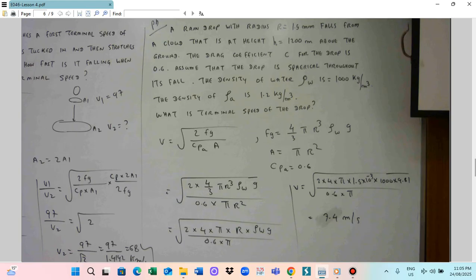So we substitute this equation here. The area A is equal to pi into R squared. And rho A is the air density, so this is called rho A. The coefficient of drag is 0.6, so C is 0.6.